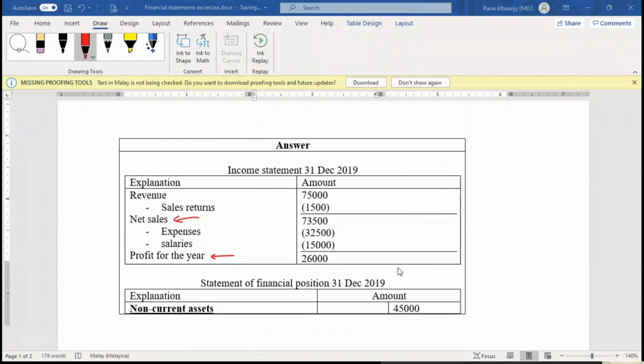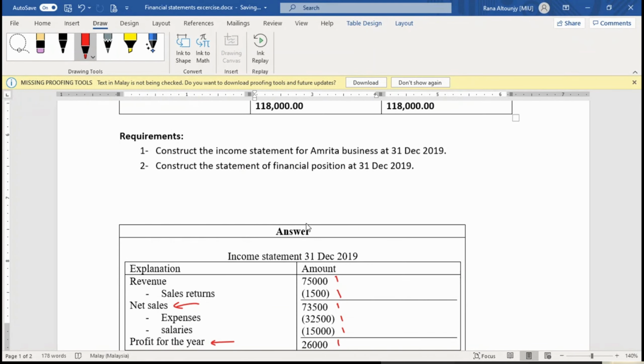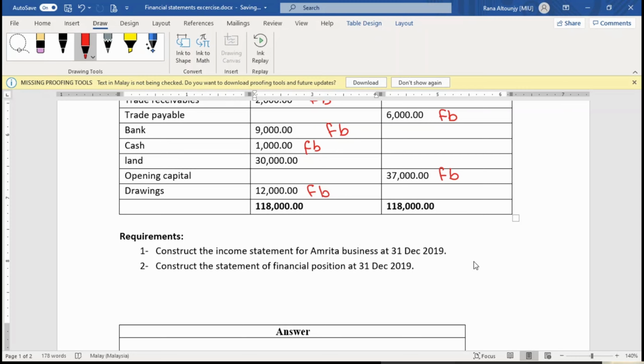If you do it like this in the final exam, you will get 1 mark, 1 mark, 1 mark, 1 mark, 1 mark, and 1 mark, which means 1, 2, 3, 4, 5, and 6 marks for arranging the information. Then the second statement required from us is the financial position statement.